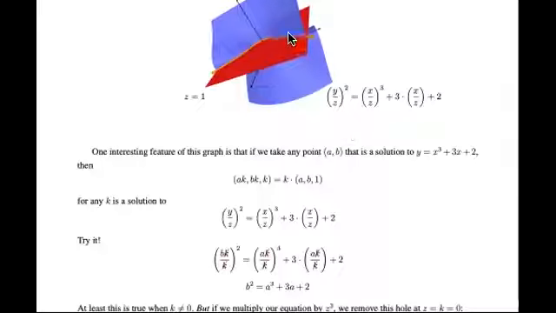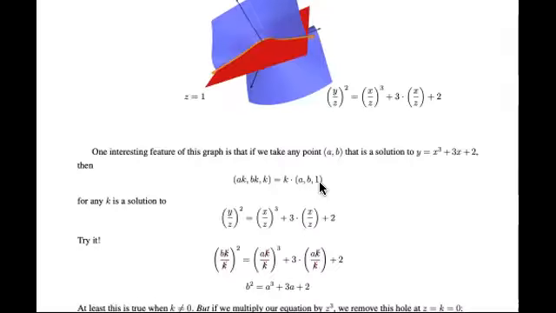That means it's a point on this curve. So a point just on this curve here, you could think of it as (a, b, 1) because it's a z value of 1, right? If it's going to be a solution to this curve, then it's going to be a solution to this curve as long as we set z equals 1. So (a, b, 1) would be the full thing.